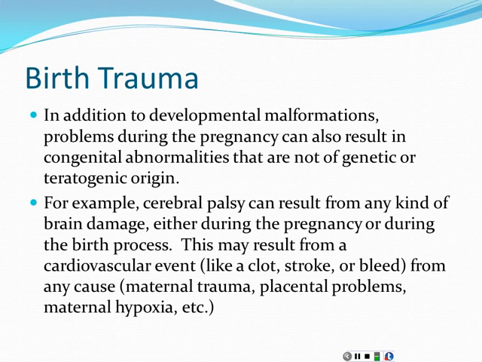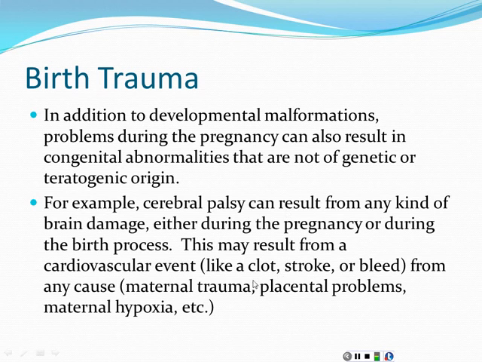Or mom lost a lot of blood for some other reason, you know, from a bad injury or a car crash or things like that. Depending on when that trauma occurred, that's going to determine how significant the deficits are and what kind of deficits those are going to be. The earlier the trauma, the more profound usually the congenital abnormalities that we see.